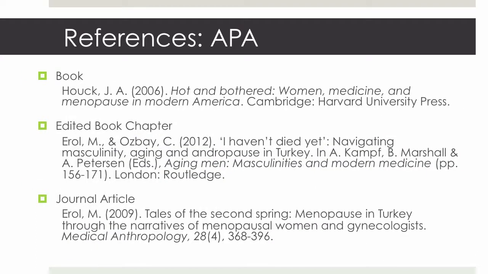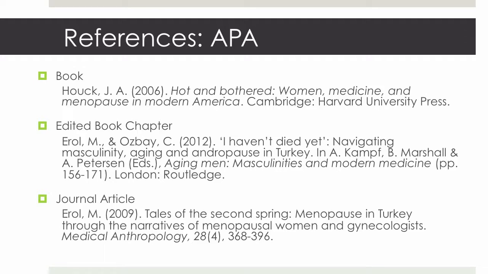So when it comes to the list of references that you're supposed to have at the end of your manuscript, again, we have a couple of different rules, variations. I am now going to tell you about the three most common ones that are used in academic writing. One of them is how you cite a book, the other one is an edited book chapter, and the last one is a journal article.